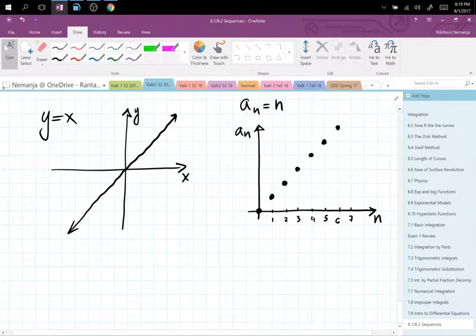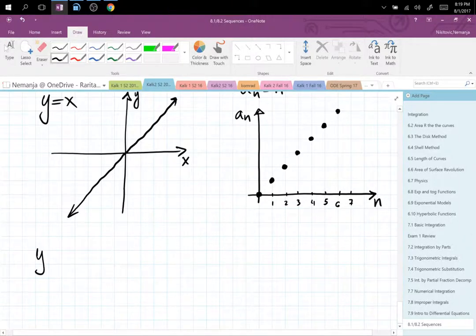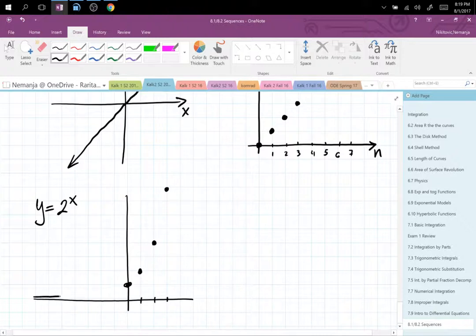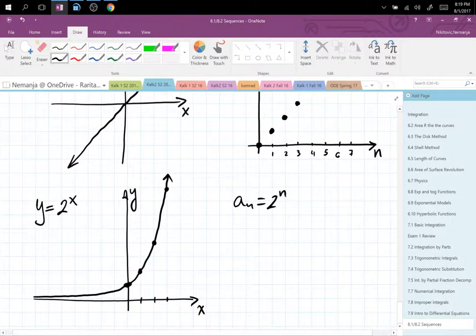Next example for the graph. Let's use y equals, say, 2 to the x. You know that that's an exponential graph. It goes through 1, and then 2, and then 4, and then 8. a_n equals 2 to the n is going to have only dots in the positive quadrant.